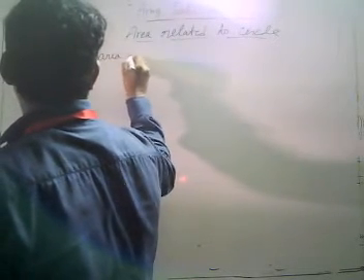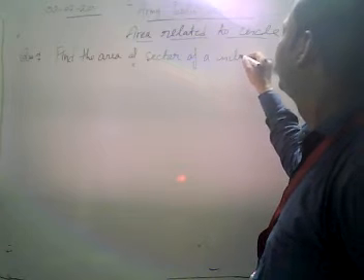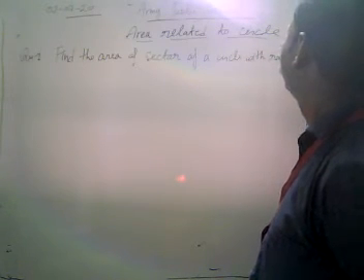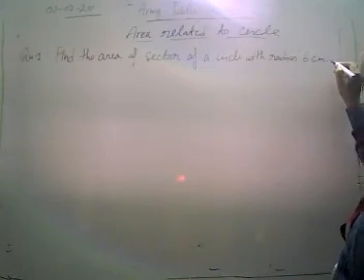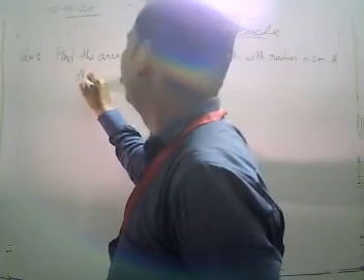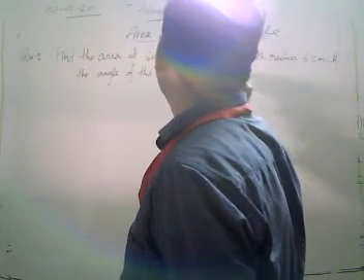Find the area of sector of a circle with radius 6 cm if the angle of the sector is 60 degree.